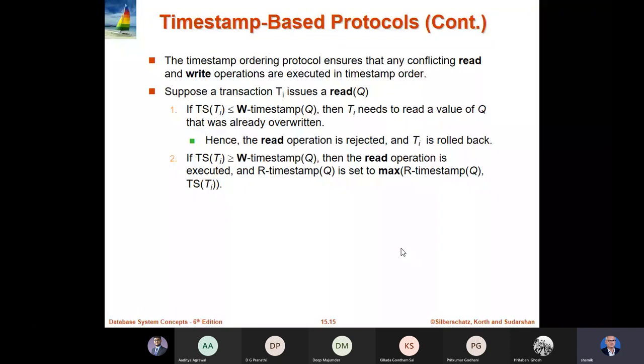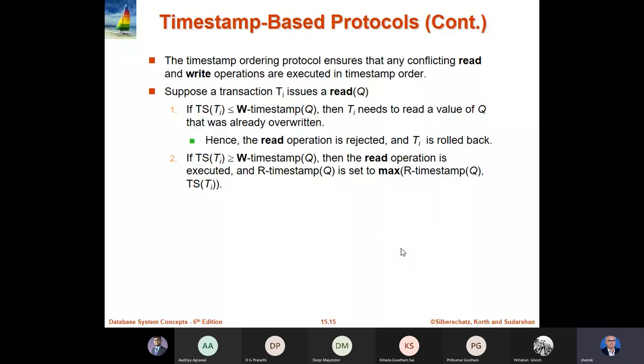Because in the equivalent serial schedule, this Ti would come before the transaction that wrote and updated the W timestamp of Q. So Ti is trying to read, but the write timestamp of Q is already greater than the timestamp of Ti. That means Ti is trying to read a value of Q which has already been overwritten by some transaction that set that write timestamp value of Q.